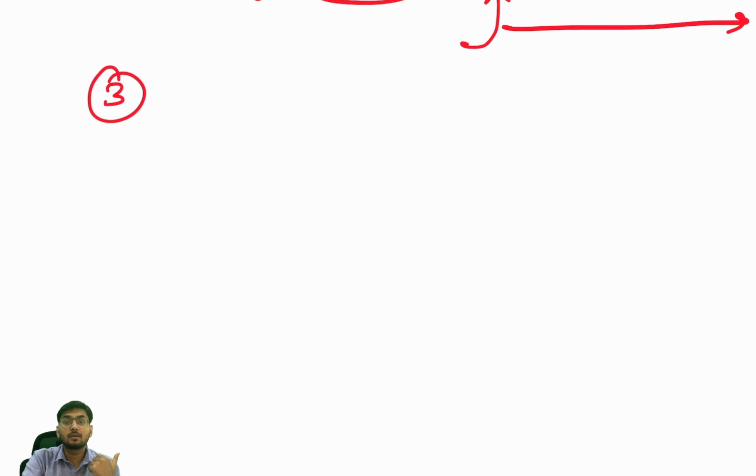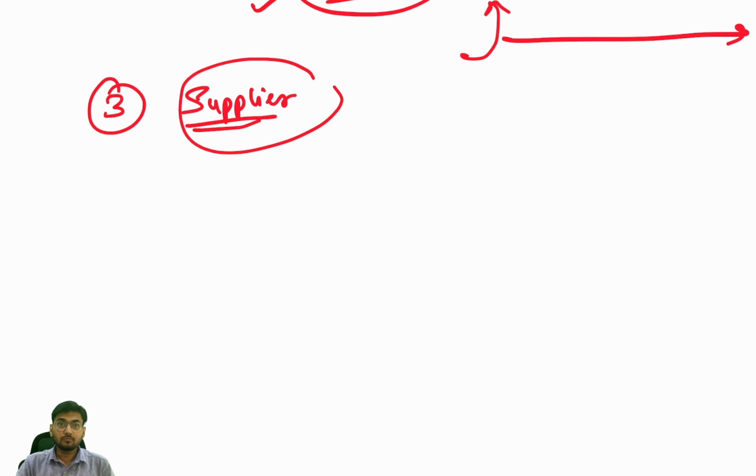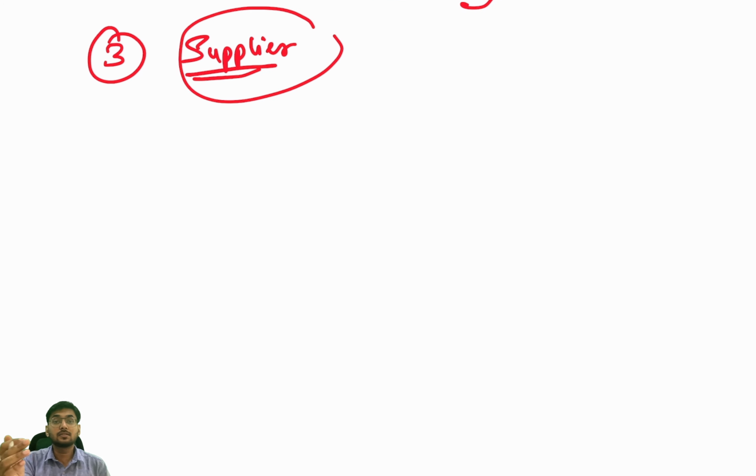Clear? Now coming to the third point, bargaining power of the supplier. Supplier means you have to get something from your supplier so that you can sell it. Clear? Now think of it like this. You are a small bakery owner. Clear?